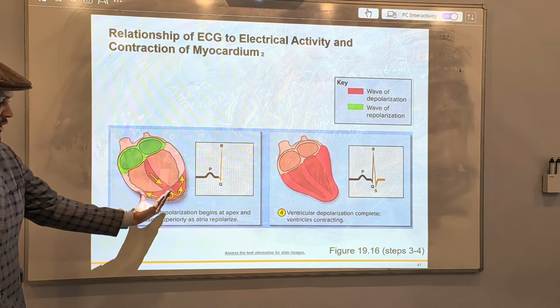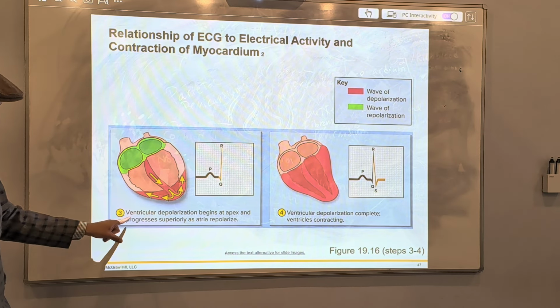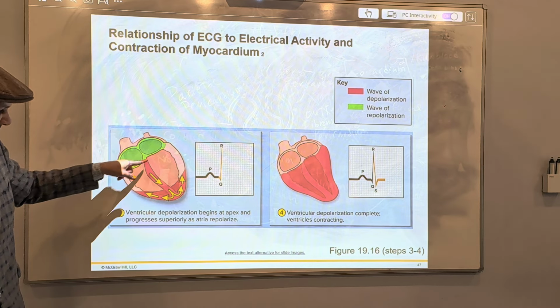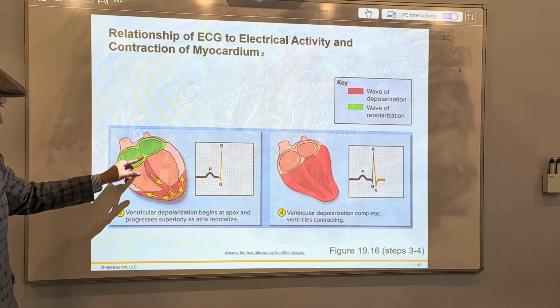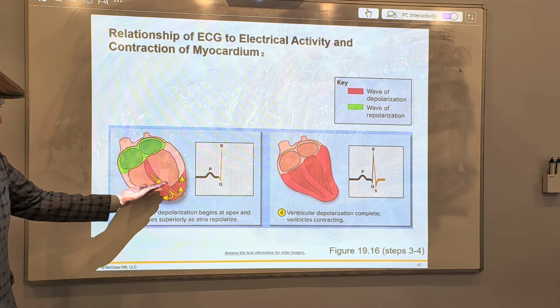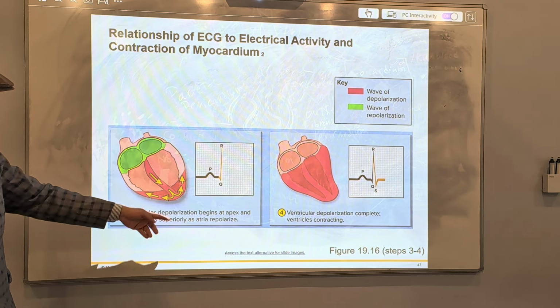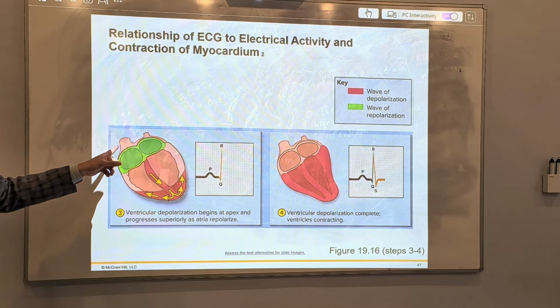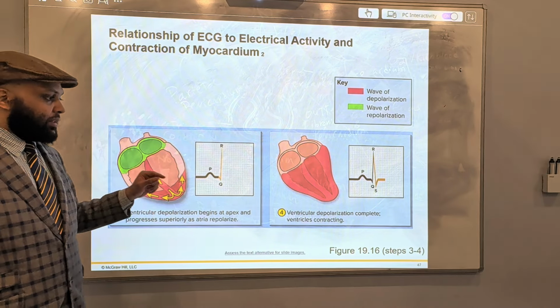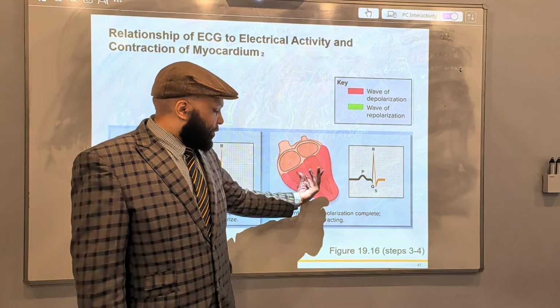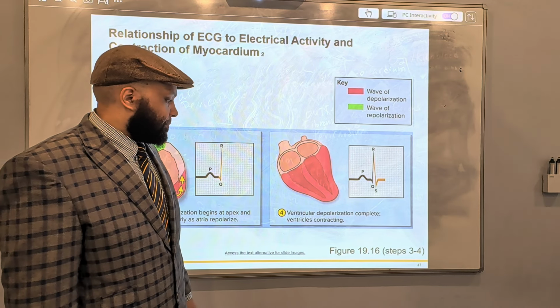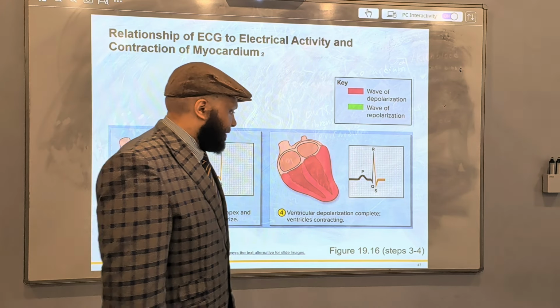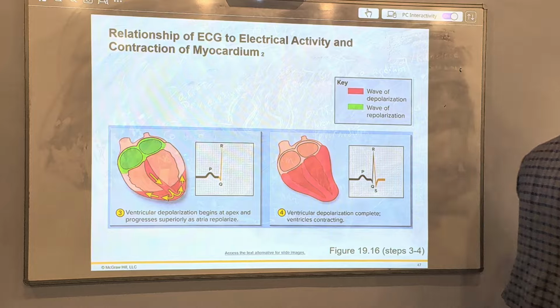But for the ventricles, we contract from the bottom to the top. So ventricular depolarization does not begin at the top. It begins at the apex, not at the base, and progresses superiorly as the atria are repolarizing. Then the ventricular depolarization completes with the RS signal, and then the ventricles contract.